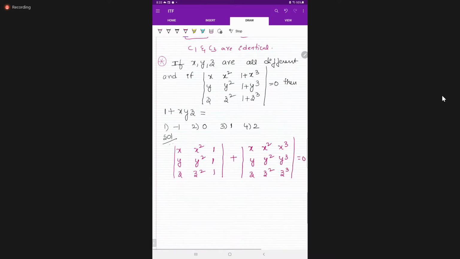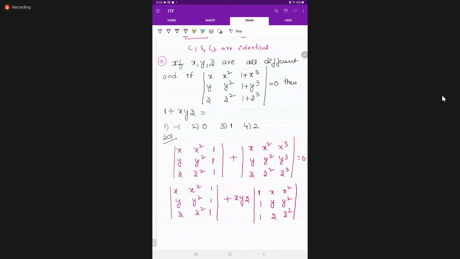In the second determinant, what do you have to take common? In the first row, you can take x common, in the second row y, and in the third row z common. Then you can write 1, x square; 1, y square; 1, z square is equal to 0.